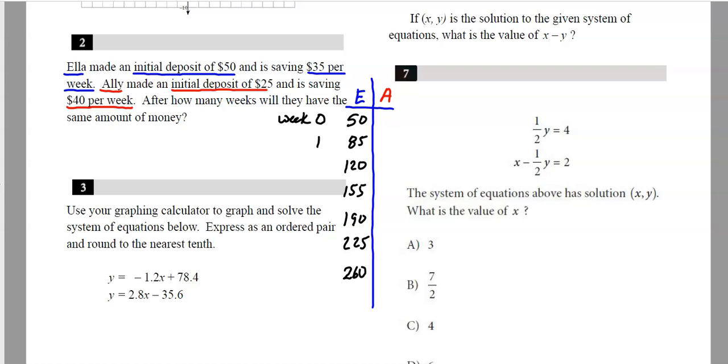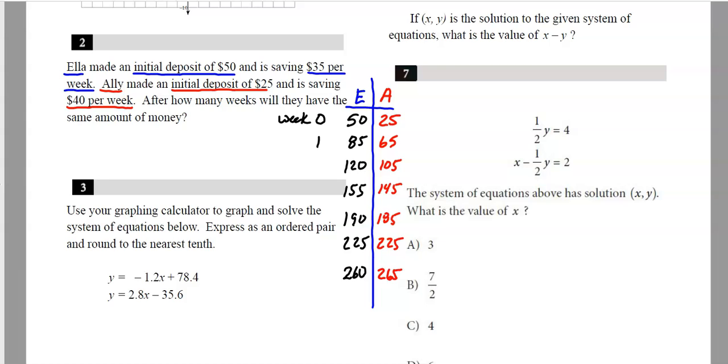Now we look at Allie. Allie started with less money. She only started with $25 initial deposit, starting amount. And then she starts putting in more money per week, 40 per week, so an extra $5. So at 40 per week, we are at 65, 105, 145, 185, 225, and then she passes her.